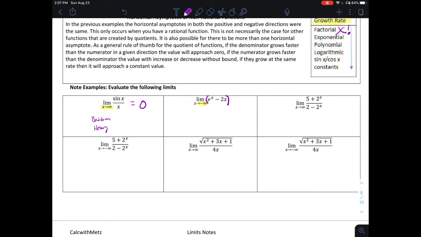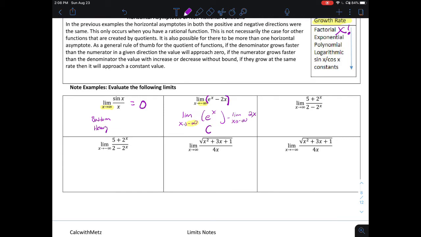And I break this limit apart, and I have the limit as x heads towards negative infinity of e to the x minus the limit as x heads towards negative infinity of 2 to the x. Well, e to the x when going in the negative direction is actually going to be approaching a value of 0 because the negative exponent moves to the denominator and I have 1 over e to the x.